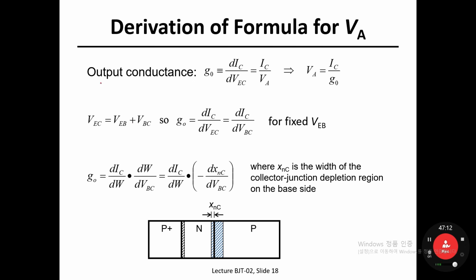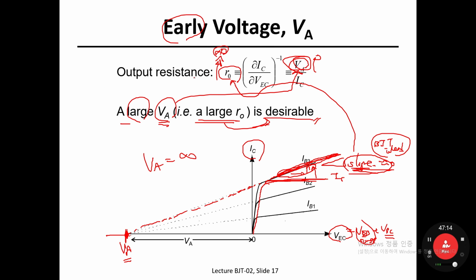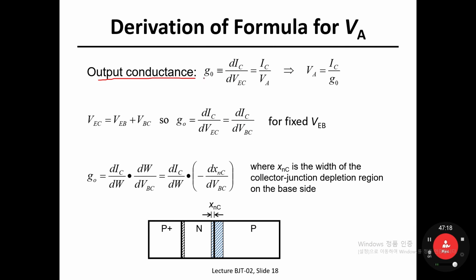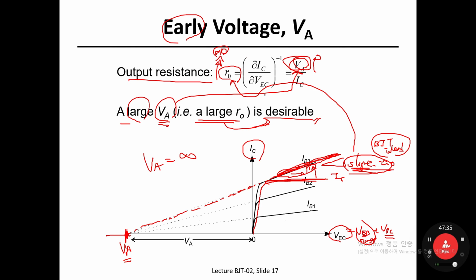So output conductance. Previously, I mentioned output resistance, okay? But now I said output conductance, G naught, which is 1 over RO, the output resistance. And G naught, output conductance, can be defined as the output current divided by the Early voltage. Go back to the last slide here.